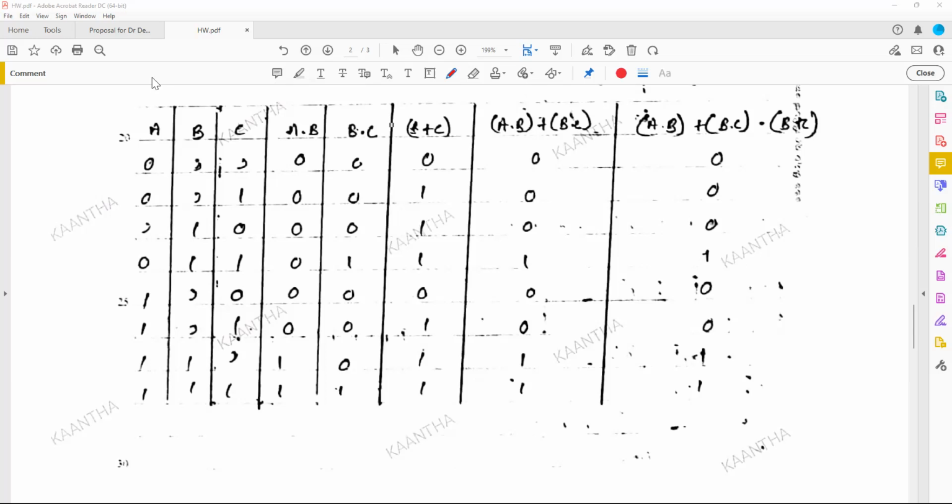We know NOT means complement, which means if the input is A, the output will be the complement of A. We call that A bar, or sometimes A dash.